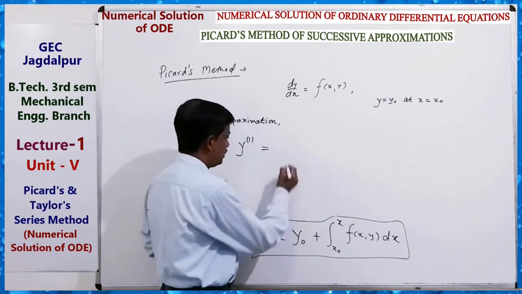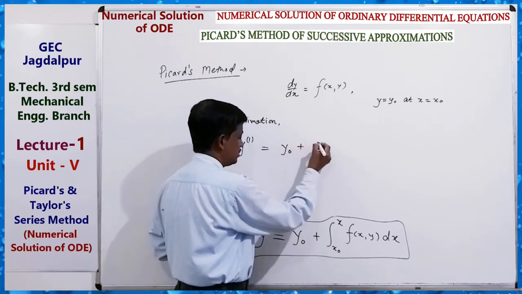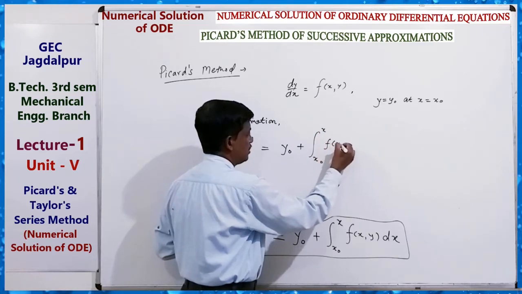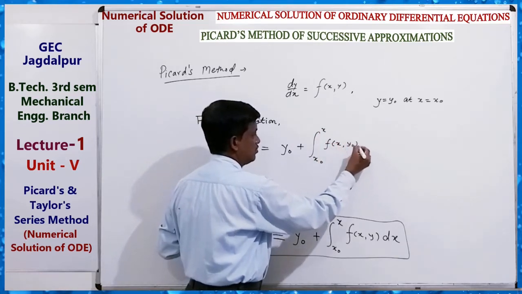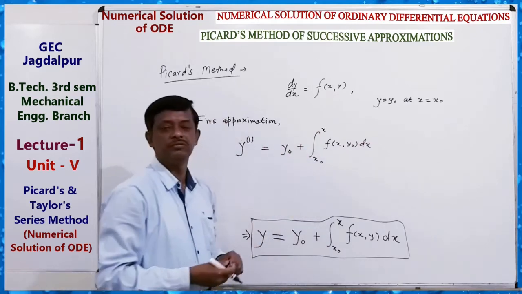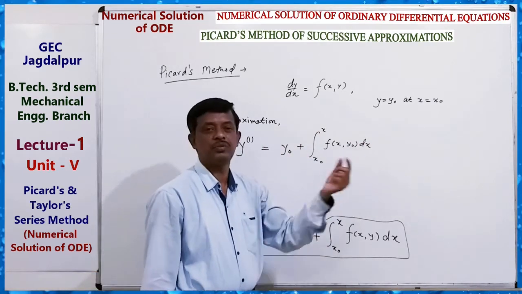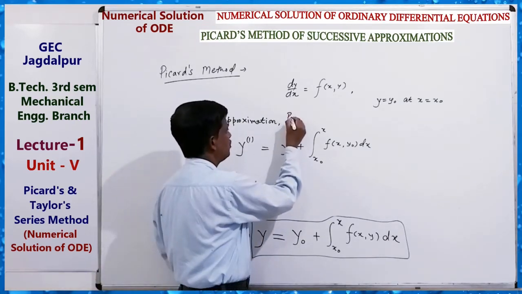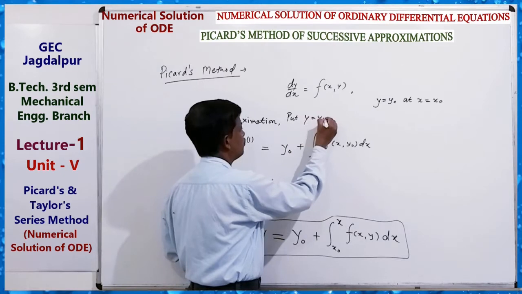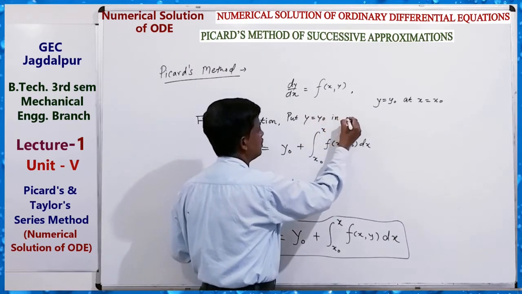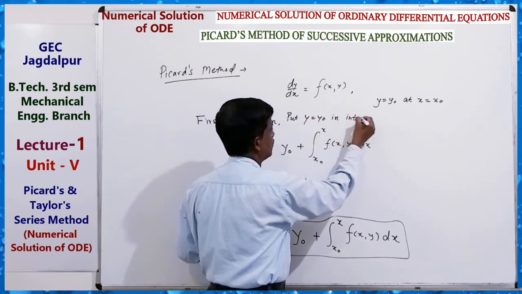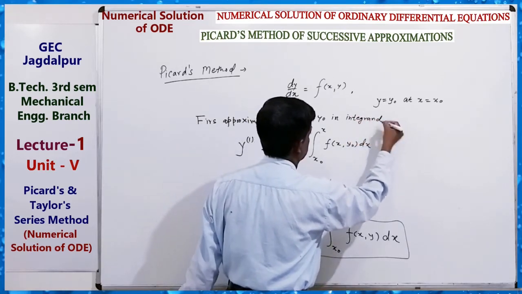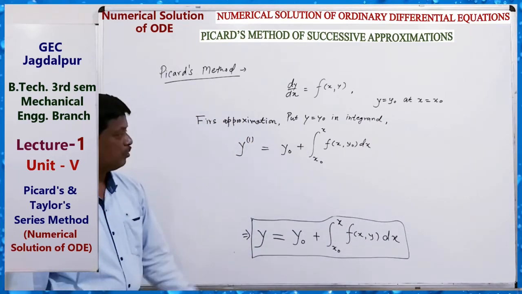Clear? So y1 equals y0 plus the integral from x0 to x of f(x, y0) dx. Now this is a known value, because it is not unknown, it is a particular value. For the first approximation put y equals y0 in the integrand, and now we can solve it.